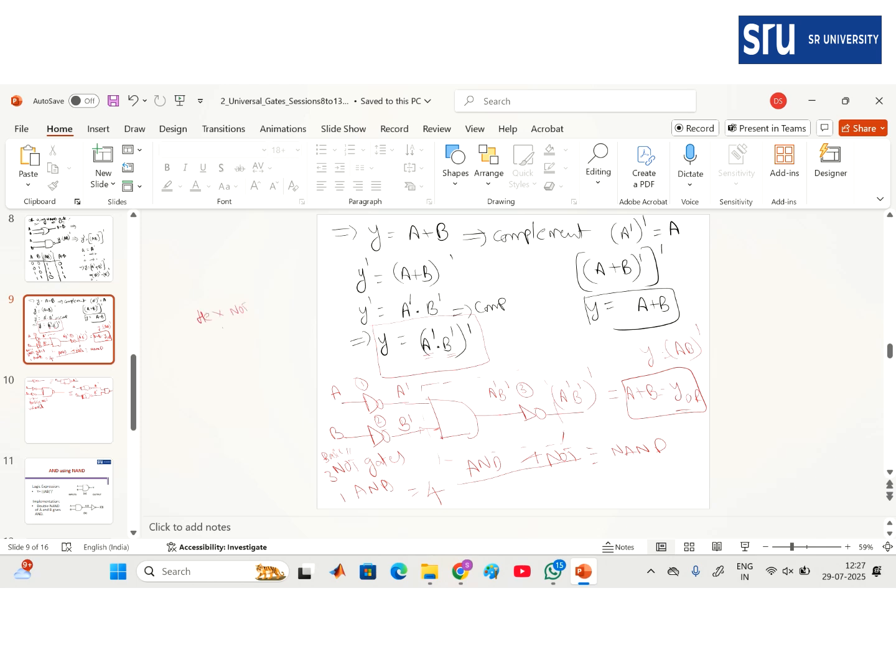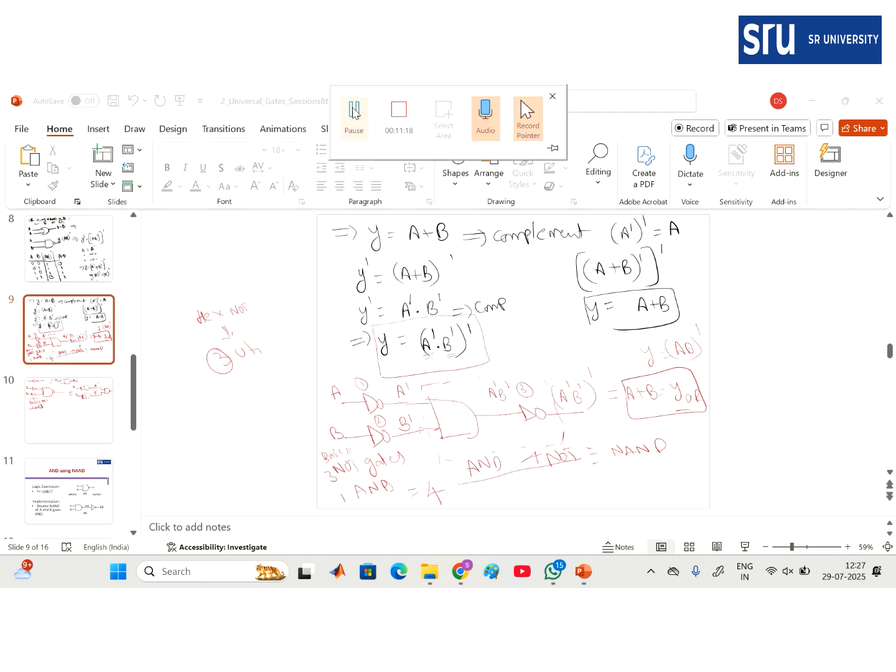Of the 6 NOT gates, I am utilizing only 3. The remaining 3 NOT gates are unutilized, so there we have a space issue. Then I have to use one AND gate IC. Total how many ICs do we require? I require 2 ICs, one NOT gate IC and one AND gate IC.